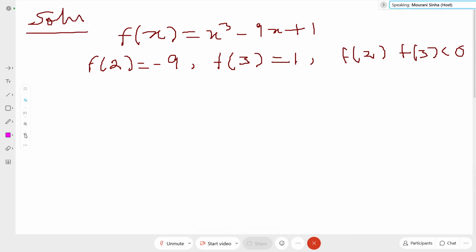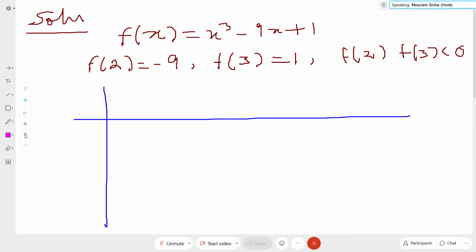After this, we form the computational table. My computational table will have first column, the number of iterations n. The next column will be an. Then the next column will be bn.